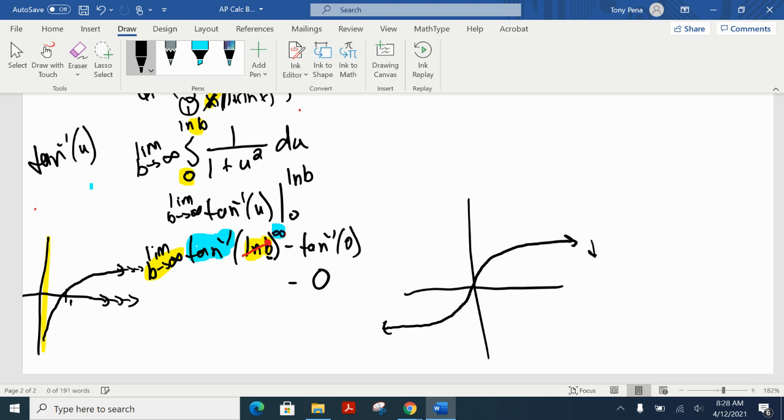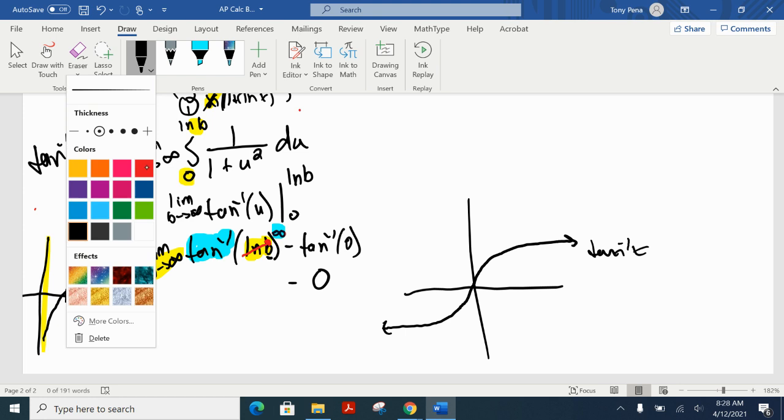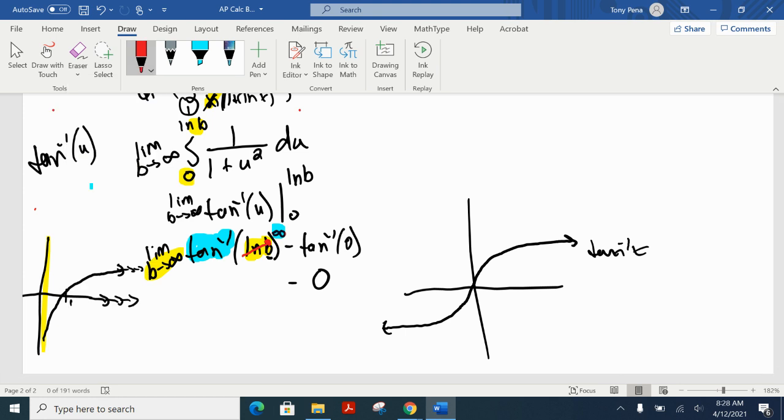Here's what the inverse tangent graph looks like. It's hard to tell whether or not it increases forever, but what we showed with the one-to-one and the range of inverse tangent is that it does level off towards pi over 2, and down here, negative pi over 2.